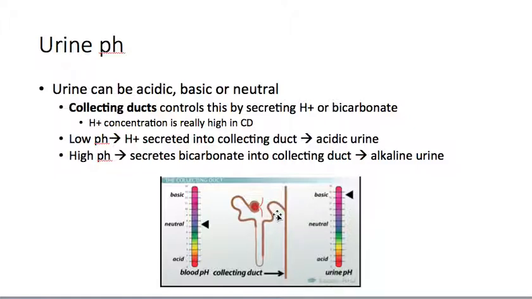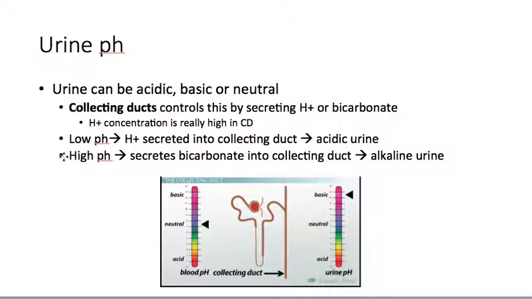So if somebody is in a state of acidosis, that means they have too much hydrogen ion accumulating in the body. The only thing the kidneys can do is try to pee out the extra hydrogen ion. So when people have acidosis types of states, you'll see that their urine is acidic because we can get rid of the extra hydrogen.